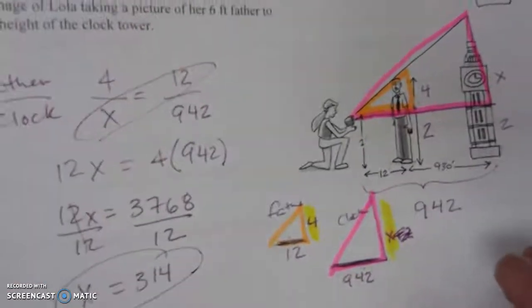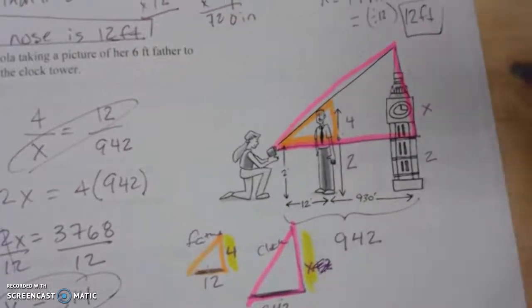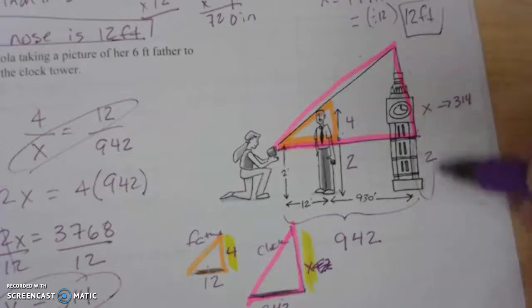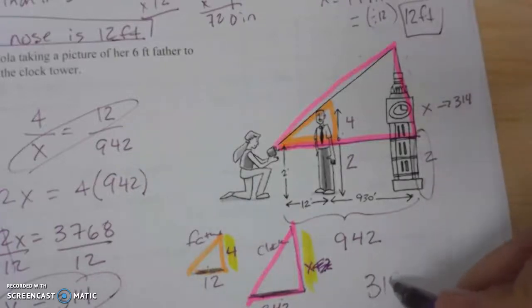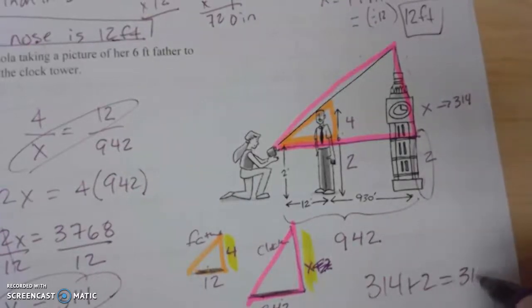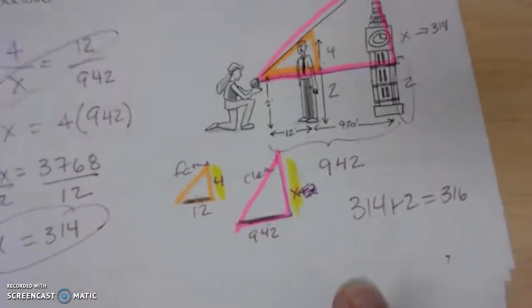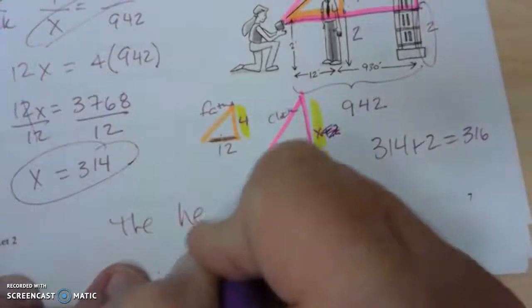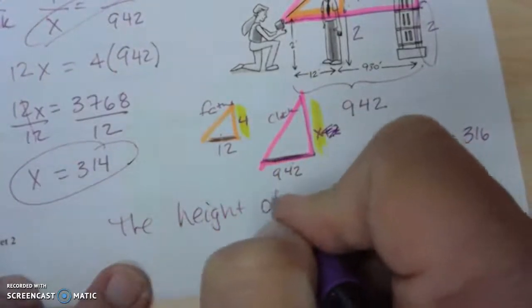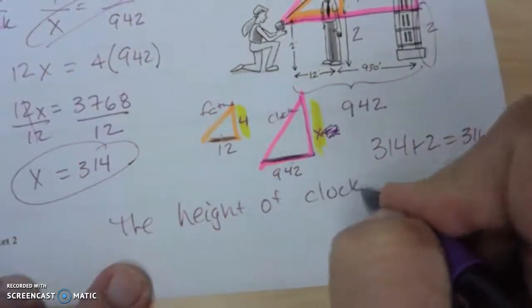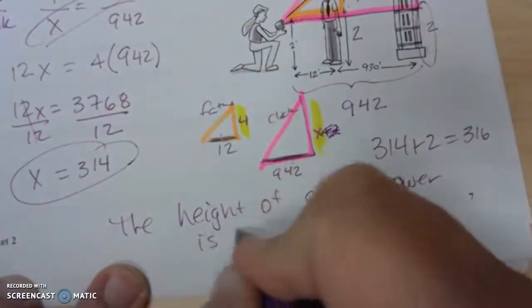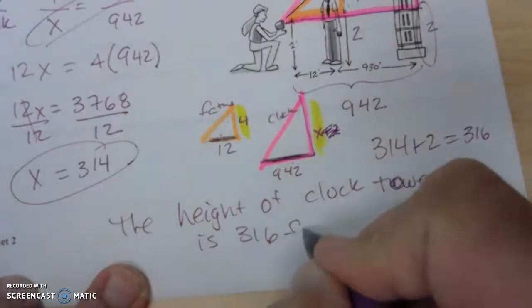When we come over to our picture, we know that this portion is 314. So for the height, I have to add in this 2. So we get 314 plus 2 equals 316. So the height of the clock tower is 316 feet.